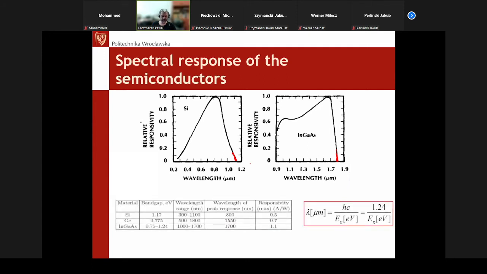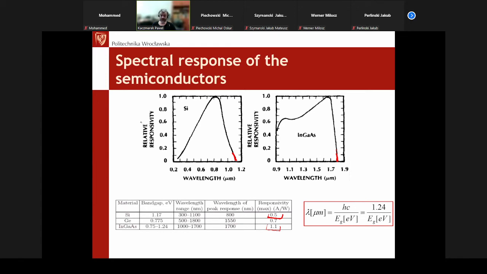Here you have typical parameters of such detectors: peak response, responsivity, which is a quite important parameter, and these are the limits. For silicon, for example, the maximum responsivity of such detectors is half an ampere per watt. For gallium arsenide, it is 1.1 amperes per watt of radiation incident on the photodetector.